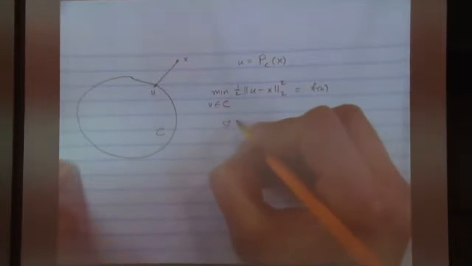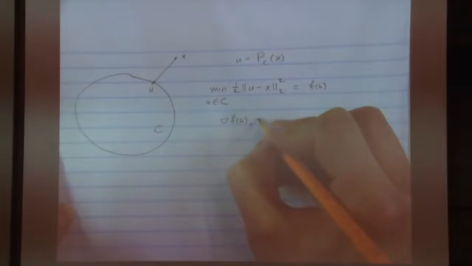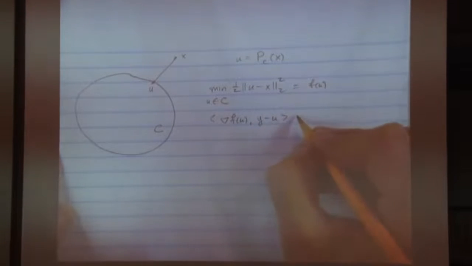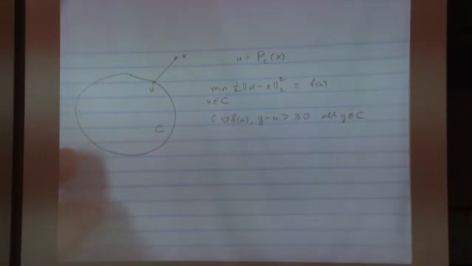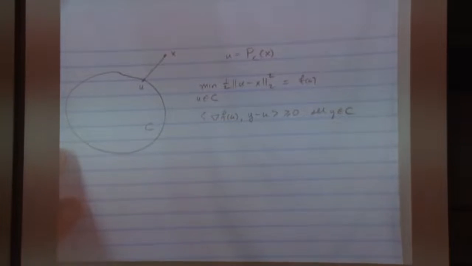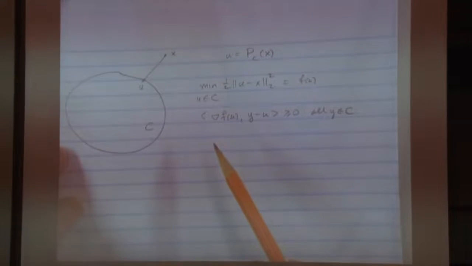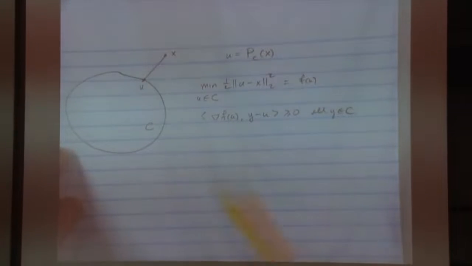We already know the first order characterization of optimality is that the gradient at the solution, inner product with, say, y minus u, has to be nonnegative for all y in the set C. We actually proved this, by the way, from the subgradient optimality rule last time. So you guys saw how this came about.